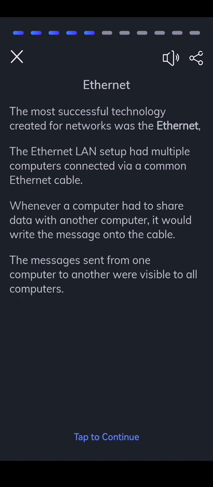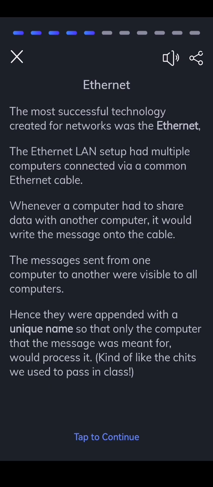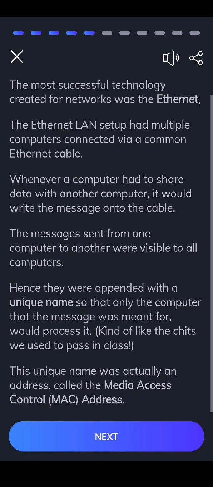The messages sent from one computer to another were visible to all computers. Hence they were appended with a unique name so that only the computer that the message was meant for would process it. Kind of like the chits we used to pass in class. This unique name was actually an address, called the Media Access Control (MAC) address.